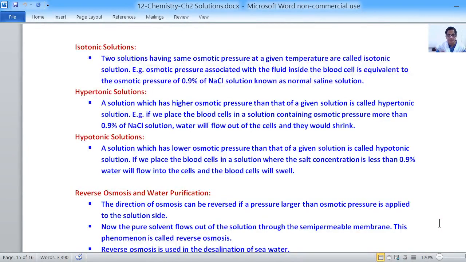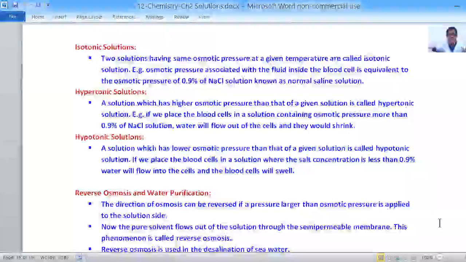So in hypotonic solutions, the blood cell is placed in an NaCl solution having lower osmotic pressure, water flows into the blood cell, and as a result the blood cell swells.